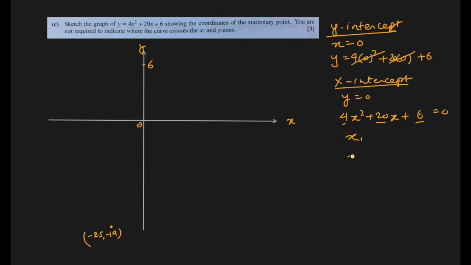What do we get? Let me do it. The smaller one was minus 4.679, almost minus 4.7, and minus 0.321. Okay. So minus 0.321 somewhere here, minus 4.7 somewhere here, and now we can just join. This is minus 4.7.